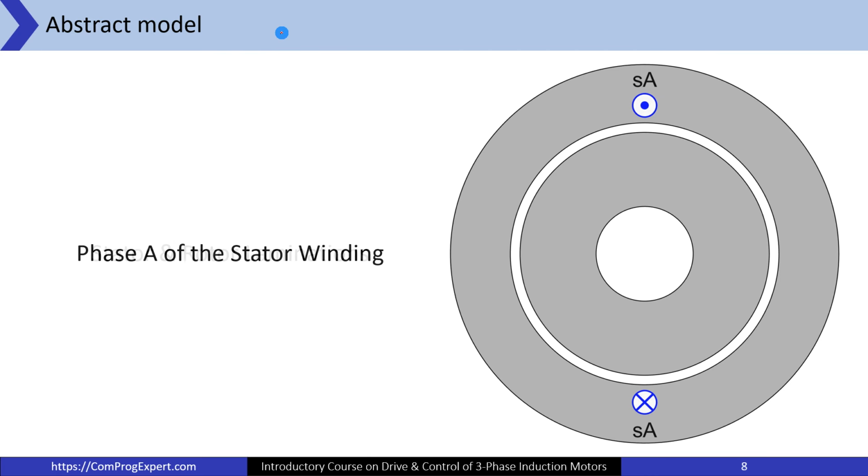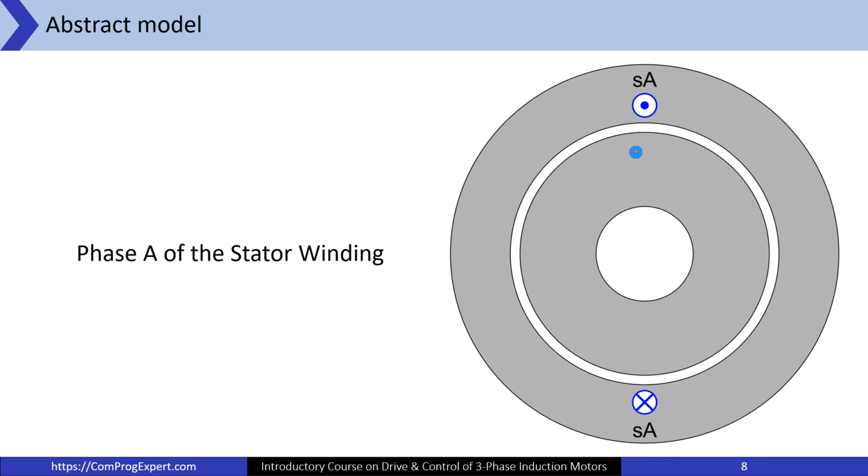So here we have the phase A. These two currents show actually the phase zones. Yes, here we have one phase zone and this is one phase zone. We can have a number of slots here and we can distribute this phase zone of the phase A into a number of slots.